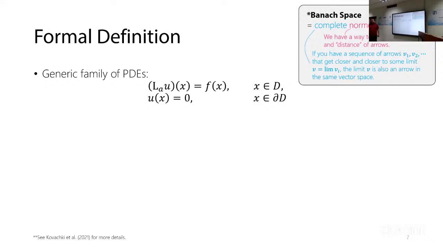On the right-hand side, we've been looking into the cases where f(x) equals 0, so there's no external input coming to the system. But if you're a roboticist, or if you're working on some optimal control problems, f(x) is a control input. So the actuator output and those kinds of things are defined on f(x). So it's a very generic form of partial differential equation.